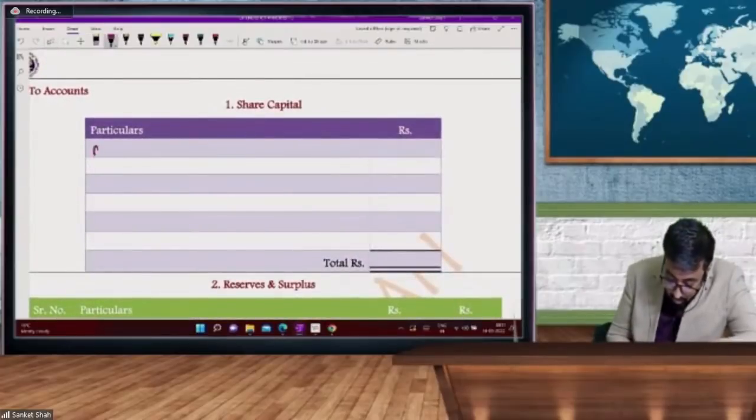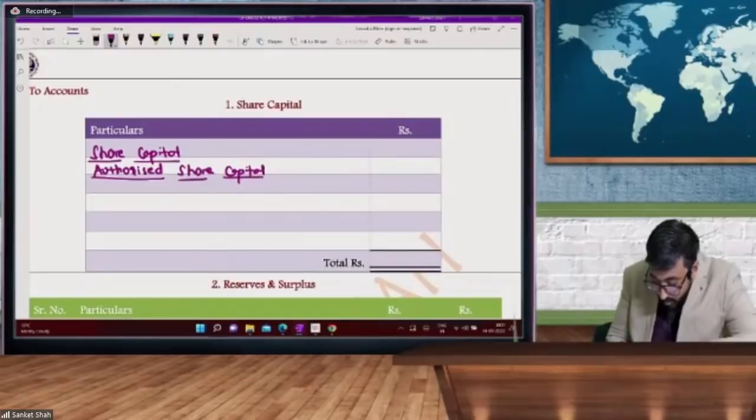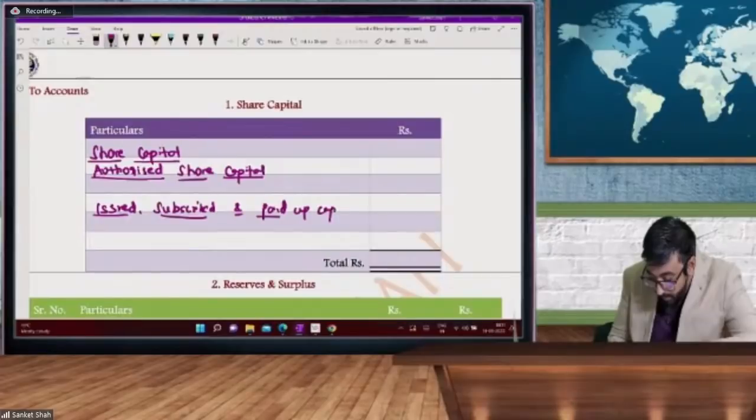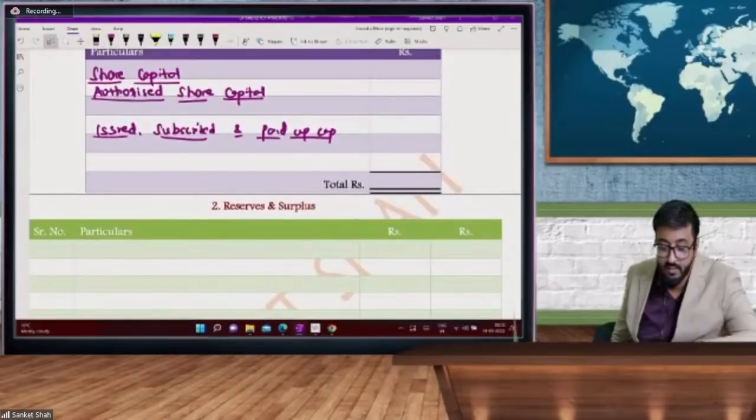Under that, write down share capital, authorized share capital, leave 2 lines, 1 line, issued, subscribed, and paid up capital, leave 2 lines, and take a total.